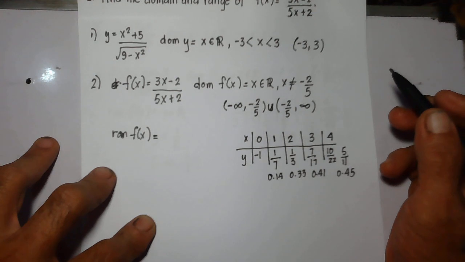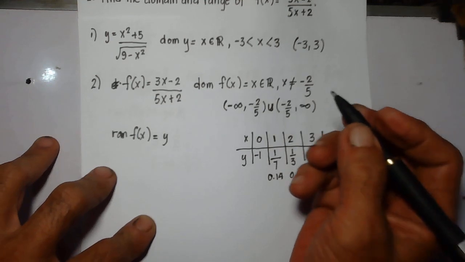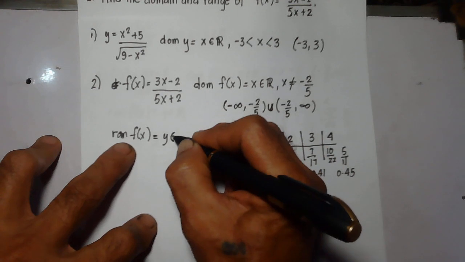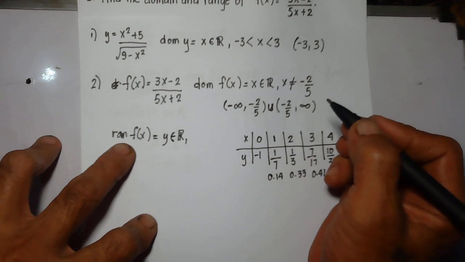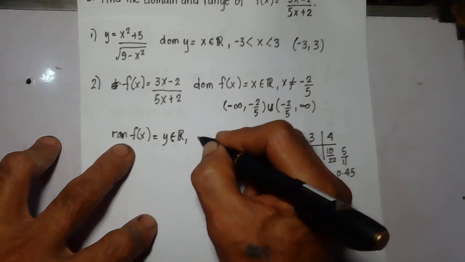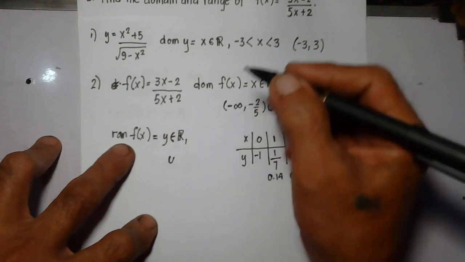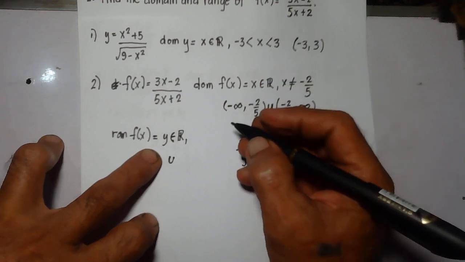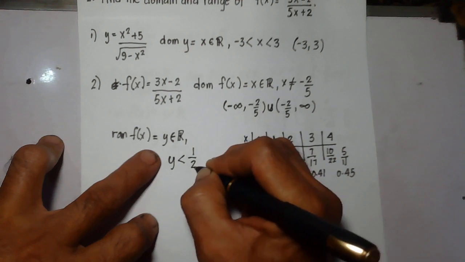And so we write the range of f of x is equal to y element of all the positive and negative real numbers, but y is less than 1/2.